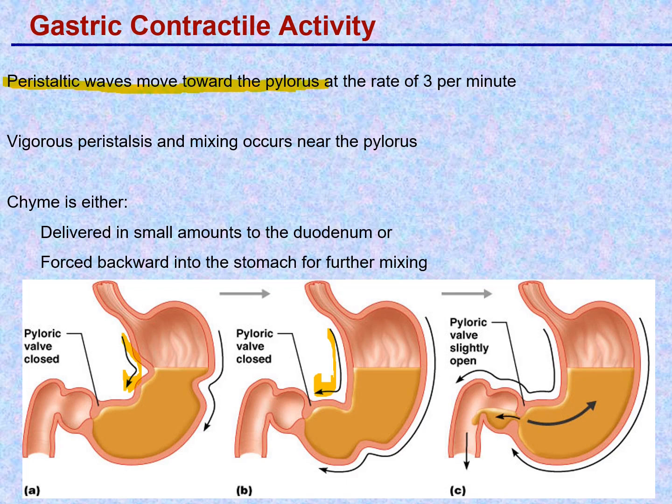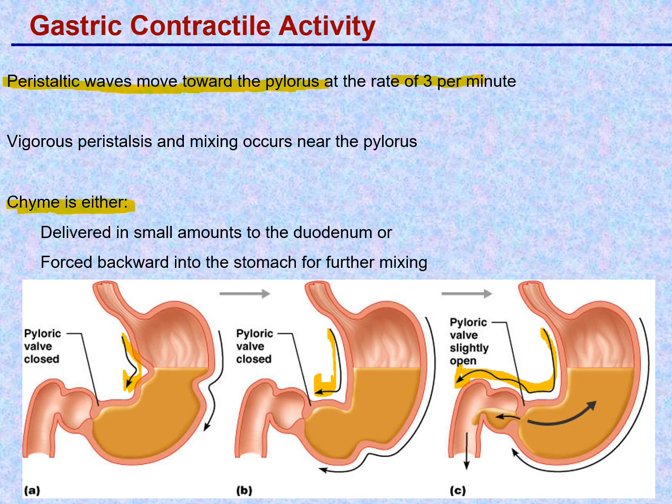The contractions occur at about 3 per minute, and you get this vigorous peristalsis and mixing, particularly in the pyloric region of the stomach, helping the formation of chyme.